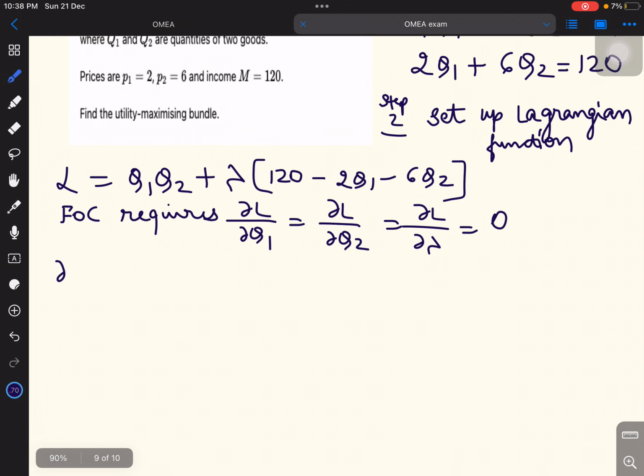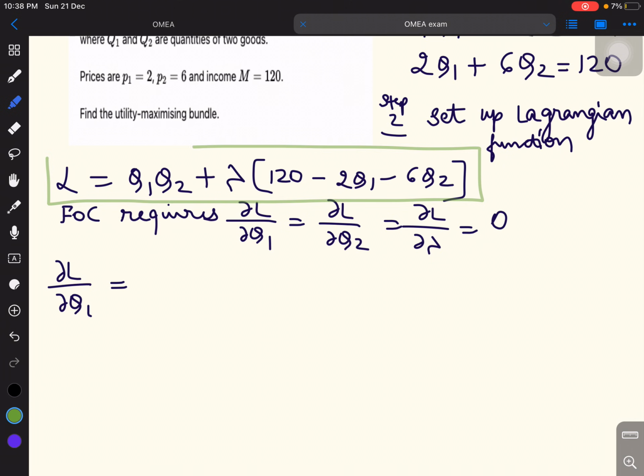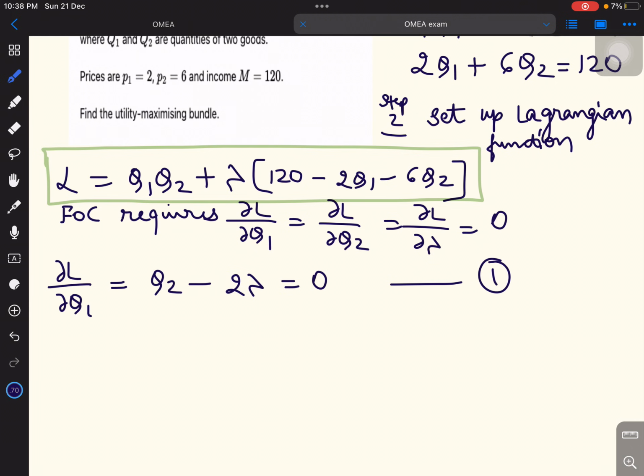Now basically you will have to differentiate this Lagrange with respect to Q1, Q2 and lambda. With respect to Q1 we get Q2 minus 2 lambda, and we put it equal to 0. Let this be our first equation.